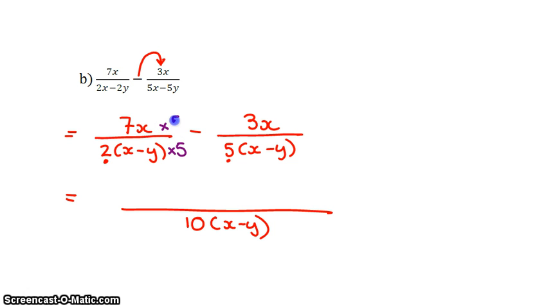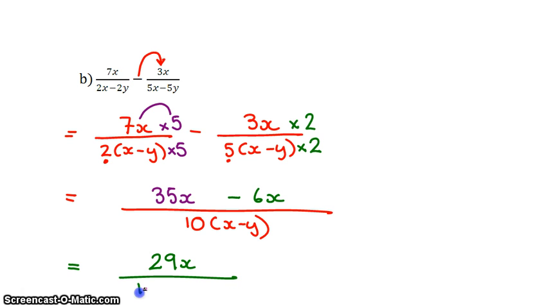So what you do to the bottom, you do to the top, which gives me 35x. And this denominator would be multiplied by 2 to give me 10 times x minus y. So I multiply the top by 2, which gives me minus 6x. And that leaves me with 29x at the top divided by 10 and x minus y.